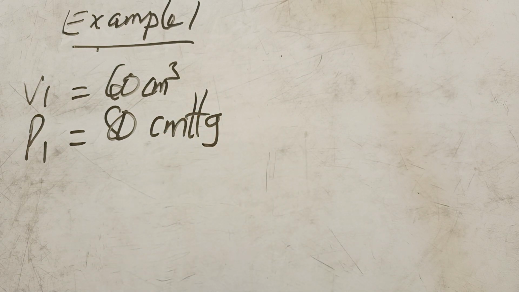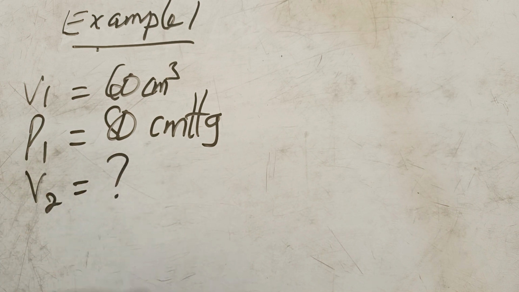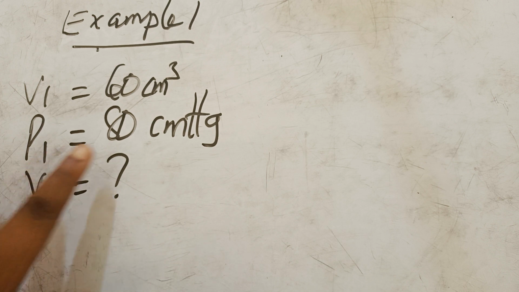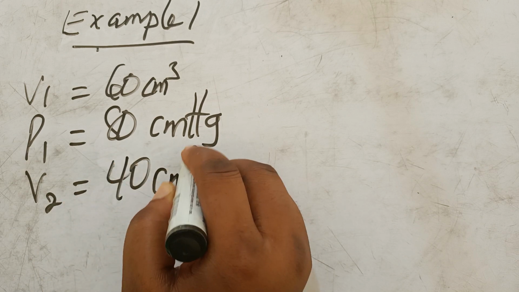Then we are asked to calculate the pressure of the gas when the volume is changed from 60 cm cube to 40 cm cube. So we have our V2 given to us here as 40 cm cube.